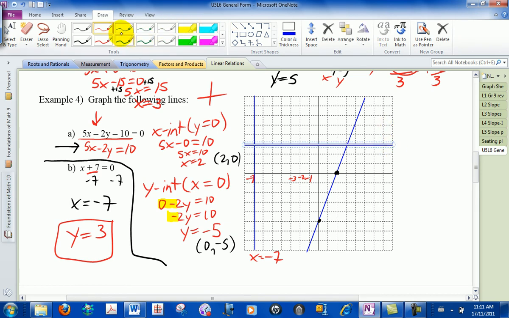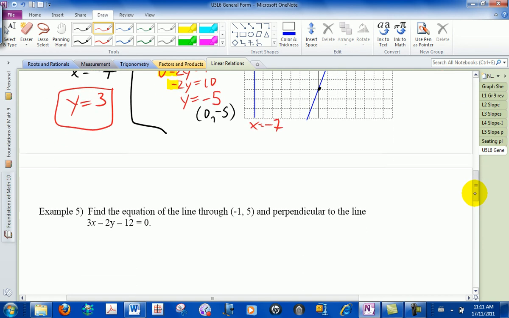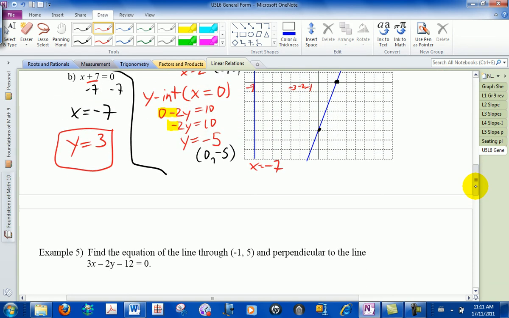Okay, and so there's the line y equals 3. Does that make sense, Scarlett, doing them both that way? Okay. Any questions?